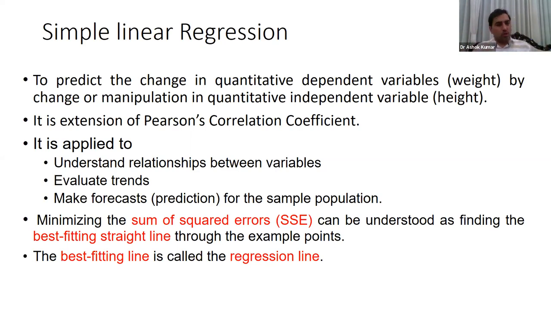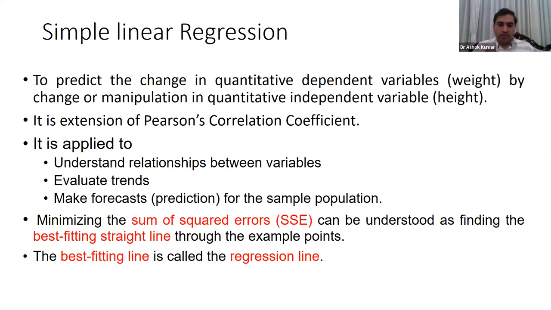It is an extension of Pearson's correlation coefficient. Okay, very good. It is applied to understand relationships between variables, evaluate trends, and make forecasts, meaning predictions, for the sample population. If we increase height by 1 centimeter, what will be the weight? It is a forecast or prediction.